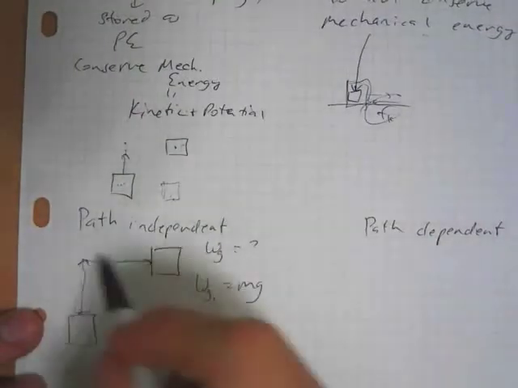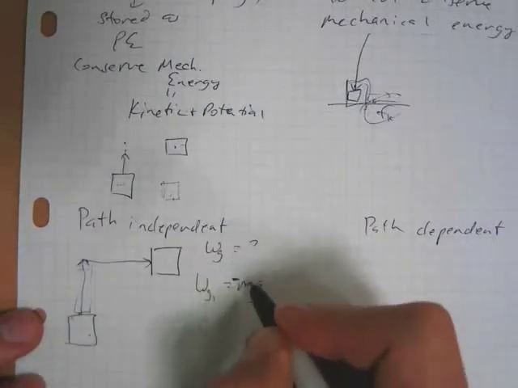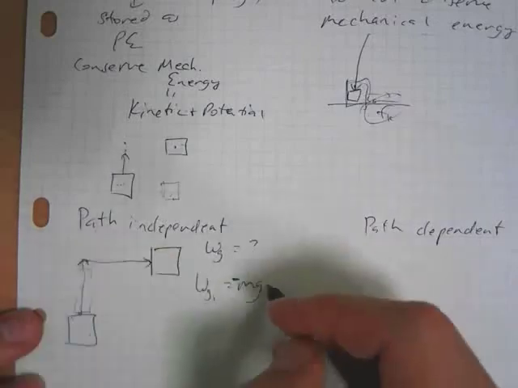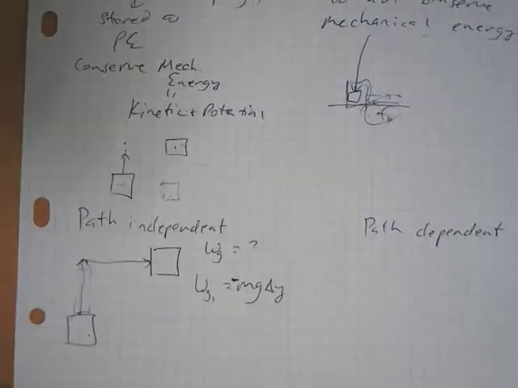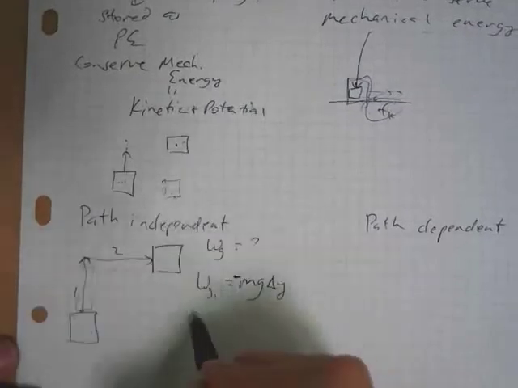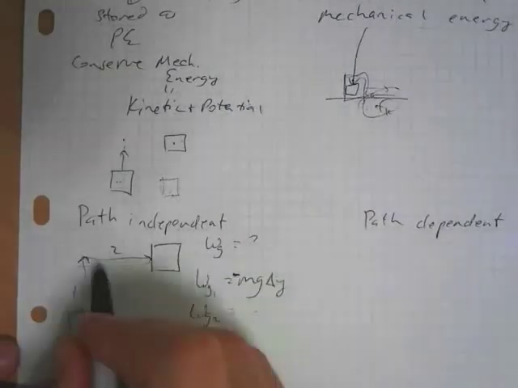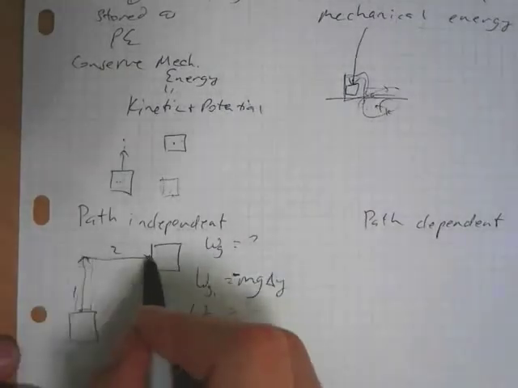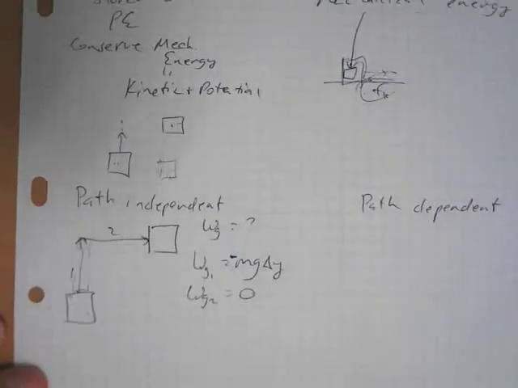The angle between them is 180, so that just puts a minus out front because cosine 180 is -1. And then whatever that change in height is, that's the work done by gravity. This is part 1 of the path. On part 2, we've got mg cosine 90 because gravity is down and the displacement is to the right. So the work done is 0.